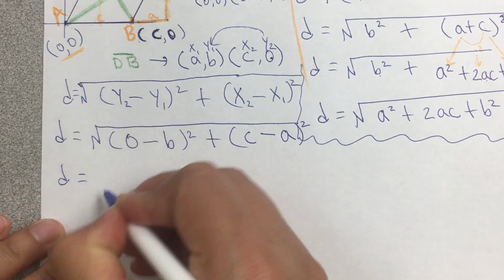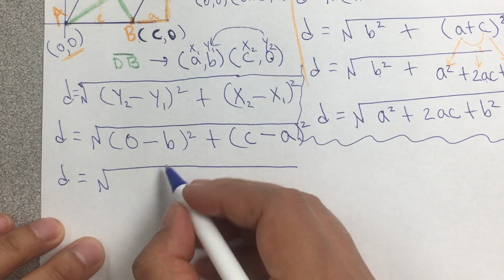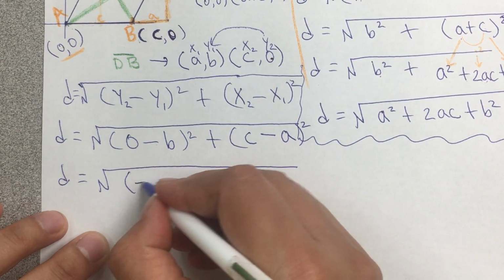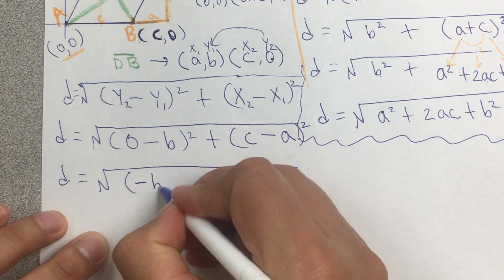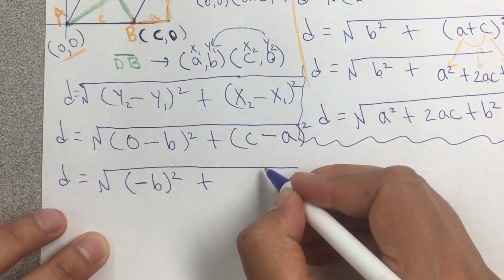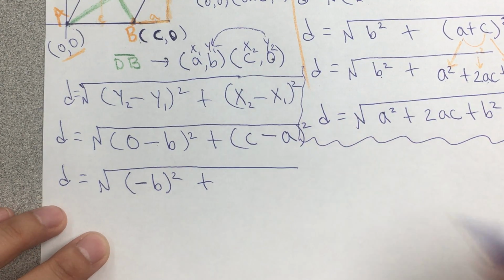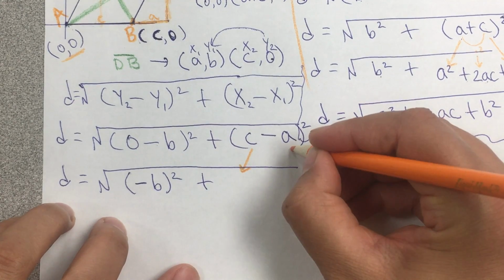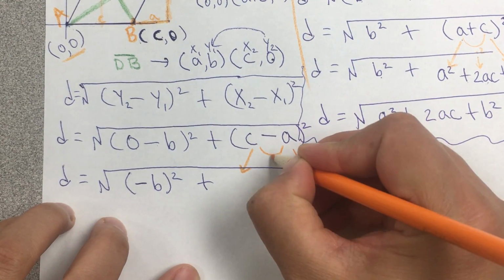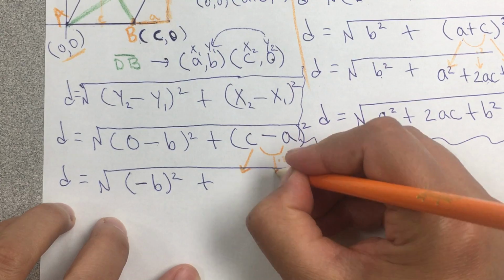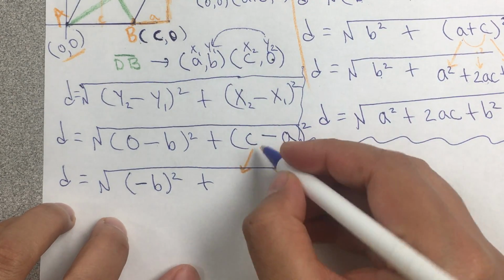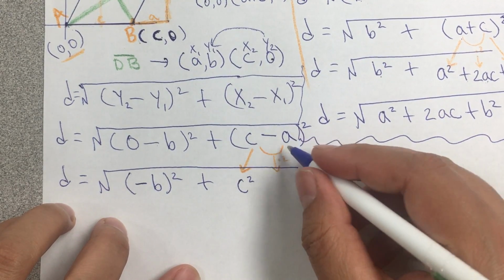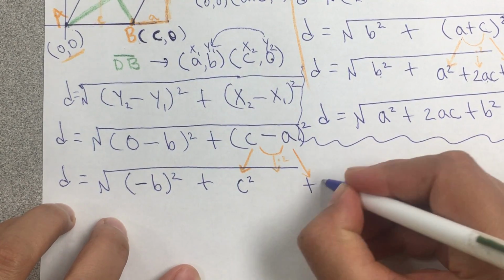In here, because we have this 0 minus B, we do need to put it between parentheses because of the minus. 0 minus B is negative B squared, plus, in here, again, we can do the binomial, the perfect square, times 2. C times C is C squared. Negative A times negative A becomes positive A squared.